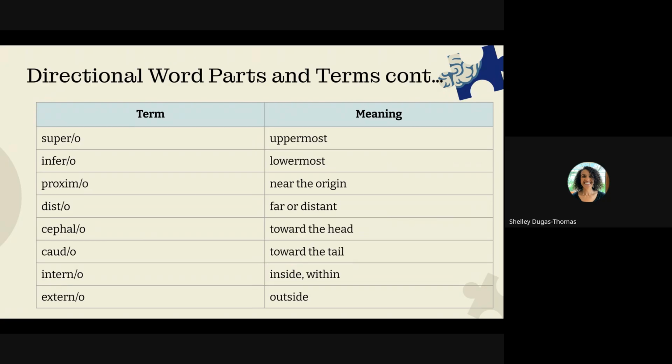Proximal is near the point of attachment or origin, versus distal, which is distant or far away. An example is the wrist is distal to the elbow, but the shoulder is proximal to the elbow. Cephalic, which is the head, versus caudal, which is the tail.